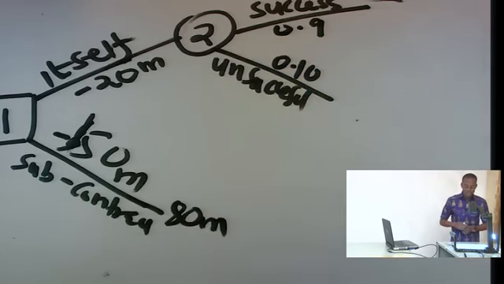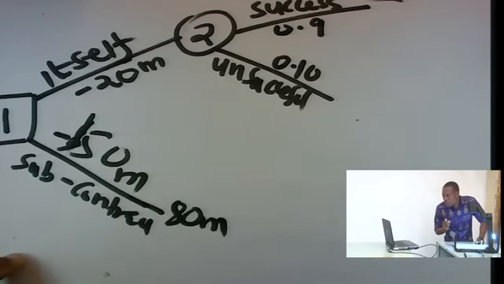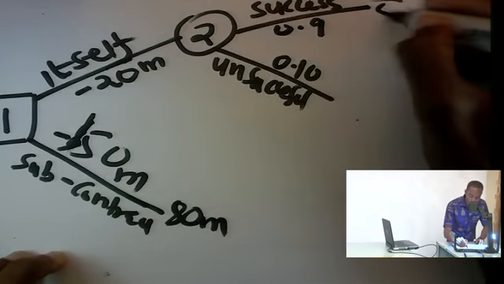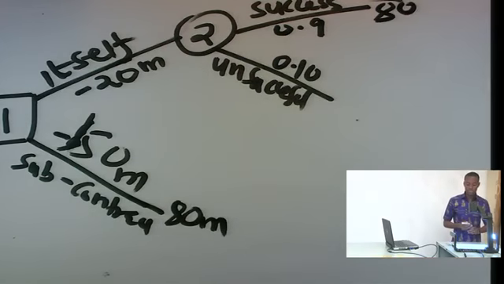Okay. Now, let's put in the other portions of the information. If we produce it successfully, what happens? It means we are going to get the 80 million, isn't it? That is on time. But if we do not produce it successfully, then it is possible something will happen. Let's see what the information says.